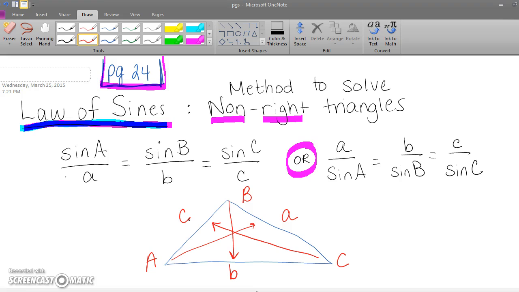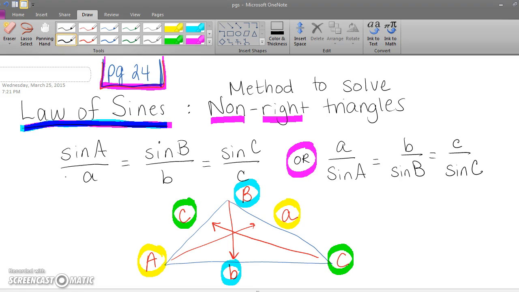As I do triangles in this video that you should be taking in your notes on page 24, you will notice that we can use those letters. You have to find a pair: A and little a, or B and little b, or C and little c. You have to have two sets to match up to do law of sines.